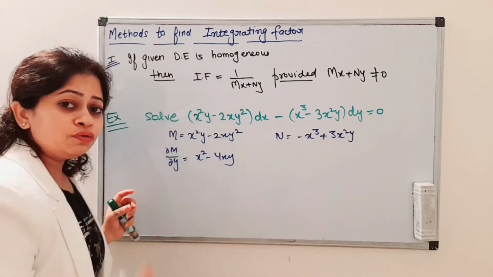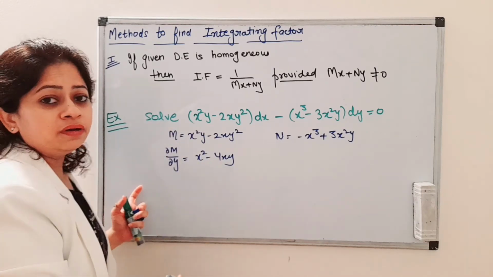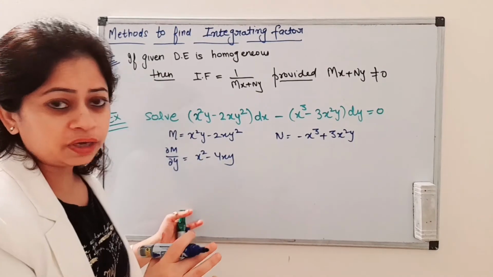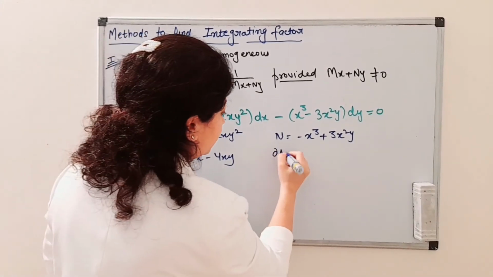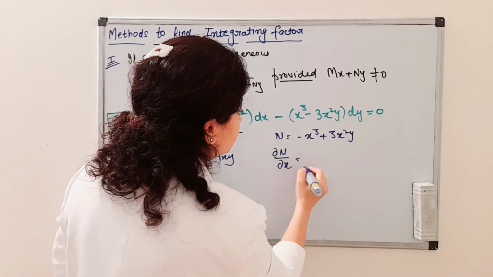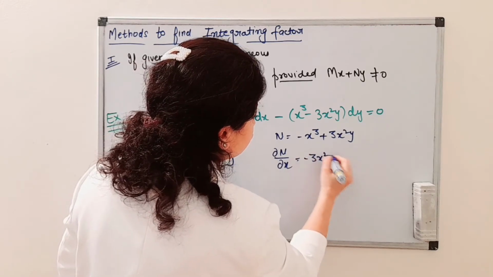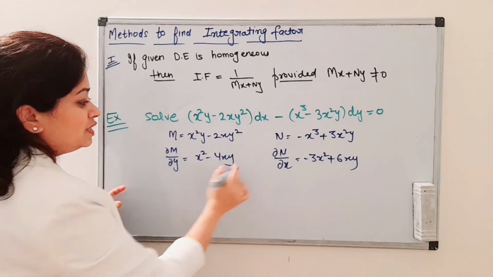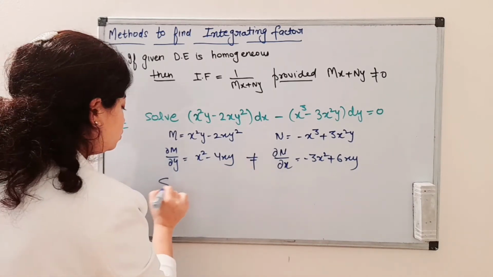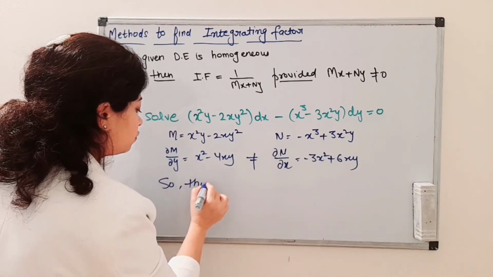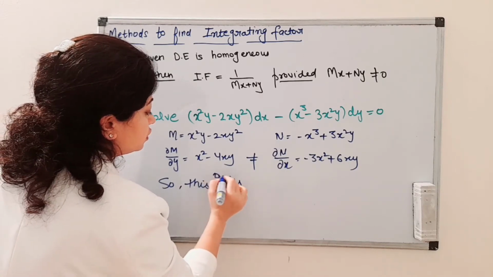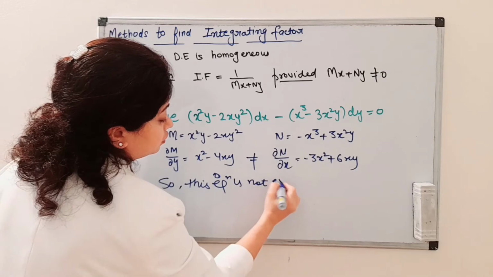You always need to start the question by this only. Whether you know that this is exact or not, you need to check it. So ∂N/∂x is equal to minus 3x square plus 6xy. Now we can see that these are not equal. So this equation is not exact.